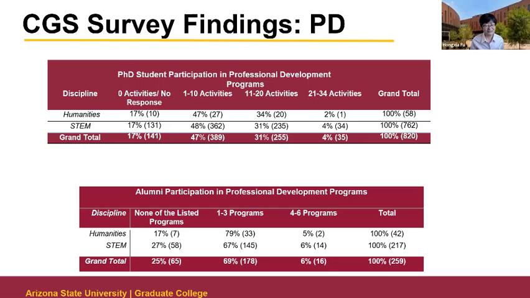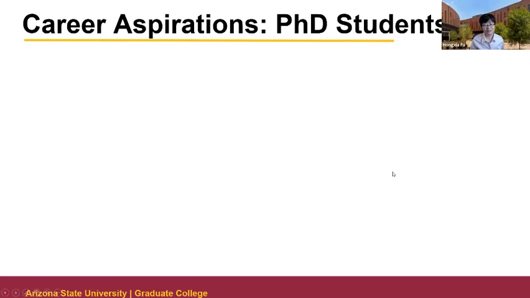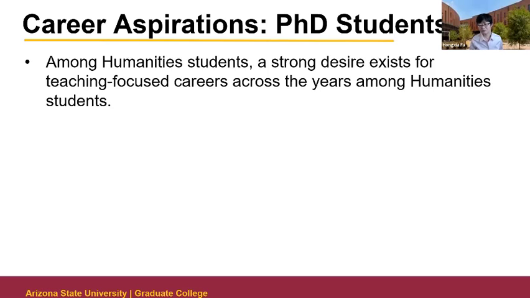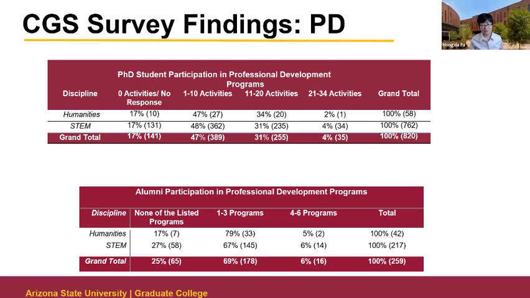This slide here, you can see the difference. We can tell clearly the current PhD's difference. Go back, sorry. So you can clearly tell that current PhD students have participated in way more professional development activities than alumni.